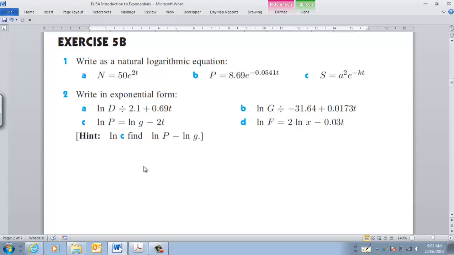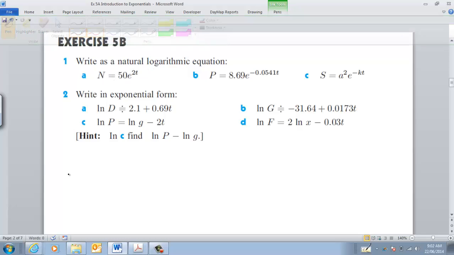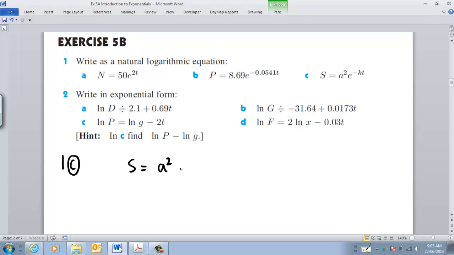I'm just going to do one of these for you. I might do C. If we start doing number 1c, we've got S equals a squared e to the minus kt. What I want to use is my natural log laws to find that. So what I'll generally do is take the ln of both sides.